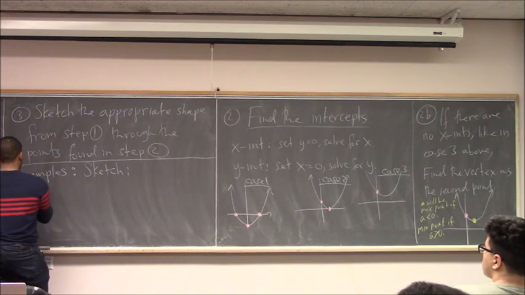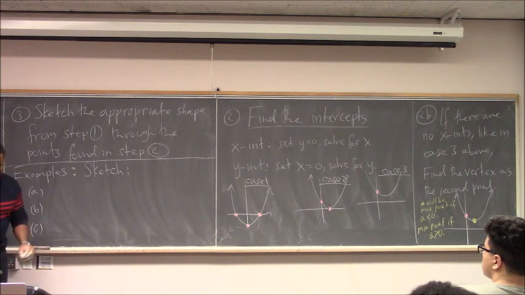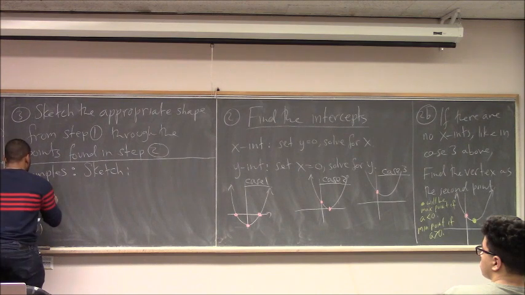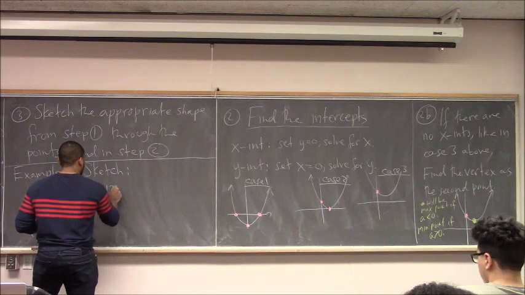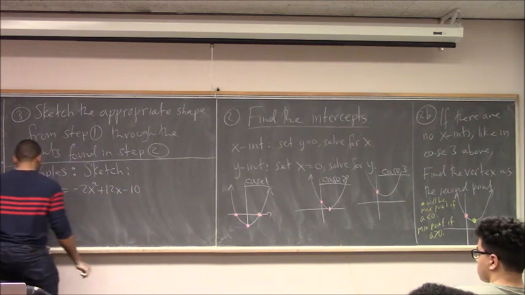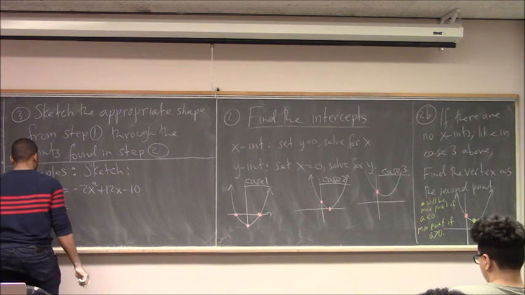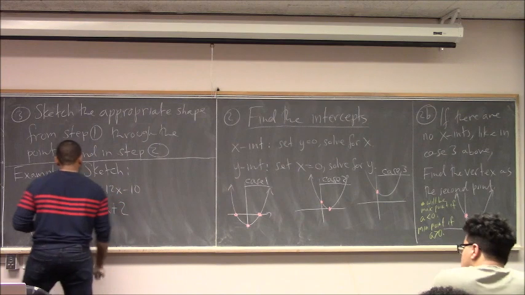Sketch a: y equals minus 2x squared plus 12x minus 10. b: y equals x squared minus 2x plus 2.